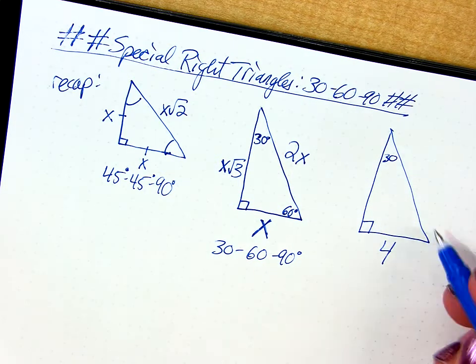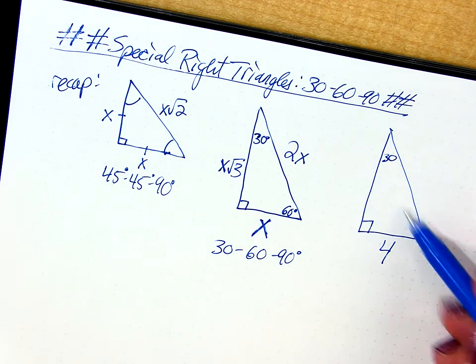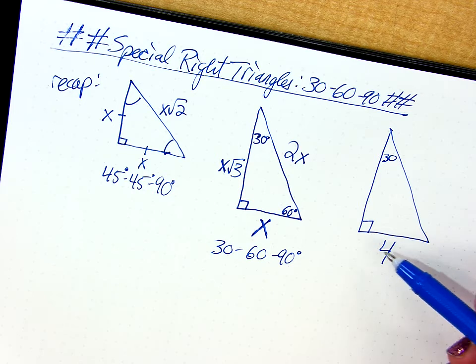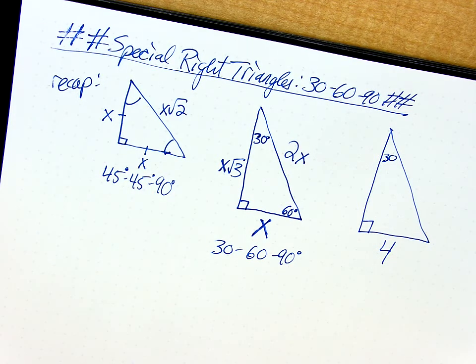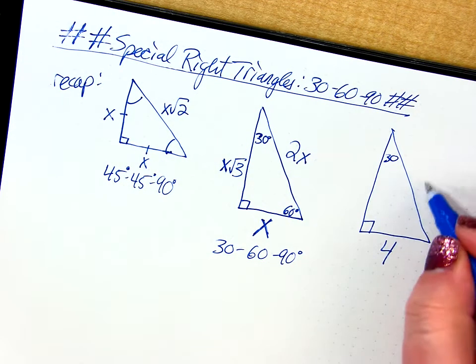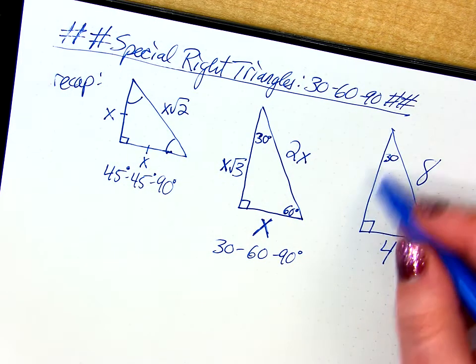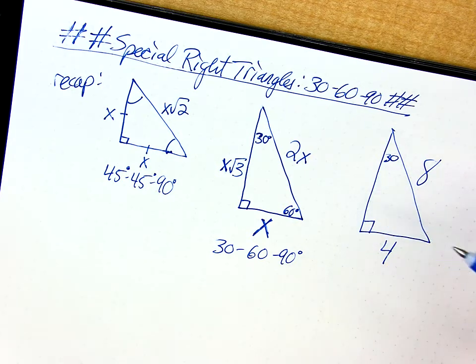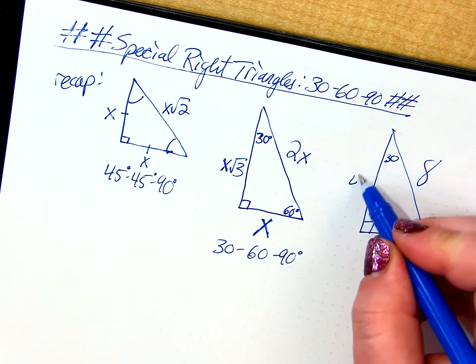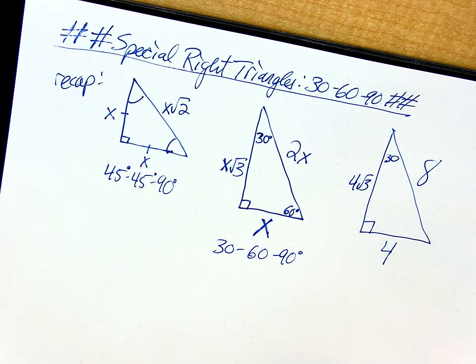Now you know. I don't even have to label both, right? Because if that's 30, that has to be 60. But something has to indicate to you that it's a 30, 60, 90, and which angle's which. Because in the 45, 45, 90, it didn't matter because they're both 45s. But this one, it does matter. So yes, now if that's 4, you guys are correct. That's 8. So then this back side would be 4 root 3. You are correct.